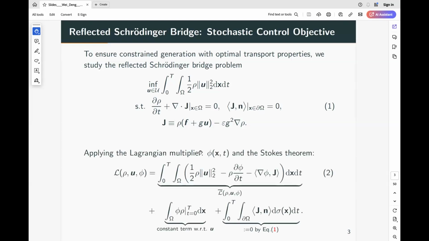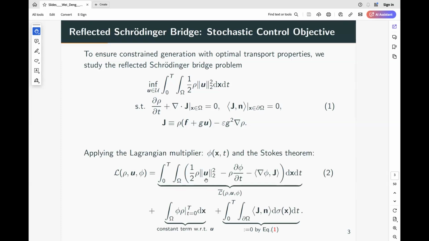We know solving a constrained optimization problem is hard, but we can resort to the Lagrangian formulation and apply a Lagrangian multiplier to give us an easier solvable training loss. By using integration by parts, we obtain the following training loss.